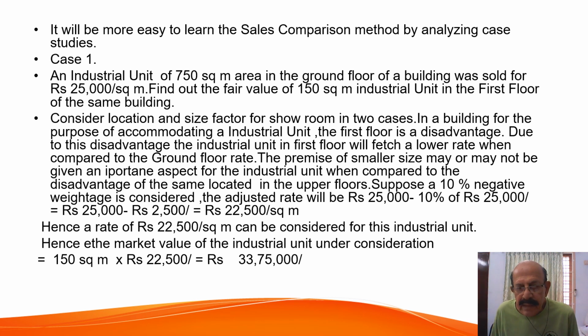Suppose a 10% negative weightage is considered, the adjusted rate will be 25,000 minus 10% of 25,000, equal to 25,000 minus 2,500, equal to 22,500 per square meter. Hence, the rate of 22,500 per square meter can be considered for the industrial unit.